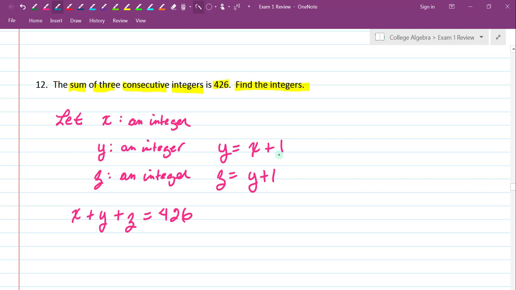So you'll see that z is equal to y plus 1, and y is equal to x plus 1. So now we can substitute in x plus 1 for y.